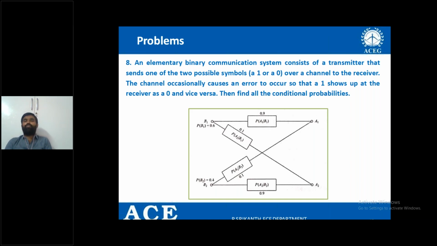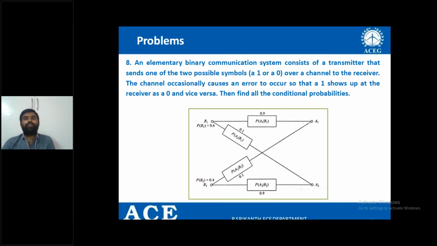All the conditional probabilities in the sense, what are you supposed to find? What are the given values now? P of B1 is given. P of B2 is given. I repeat, P of B1 and P of B2 are nothing but a priori probabilities.